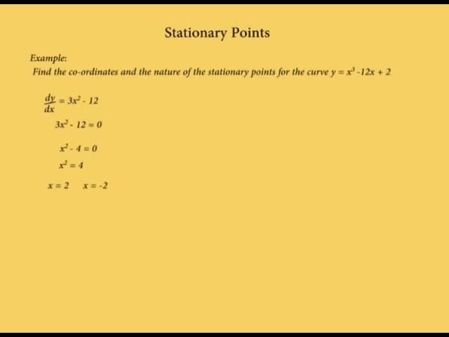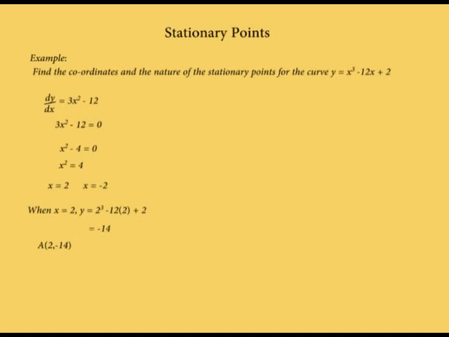Let's first find the y coordinates. So for x is equal to 2, what will be y? We substitute y is equal to 2 cubed minus 12 times 2 plus 2, and that gives us minus 14. So that stationary point has coordinates (2, minus 14).